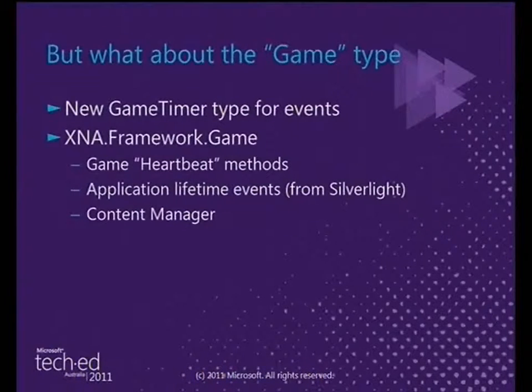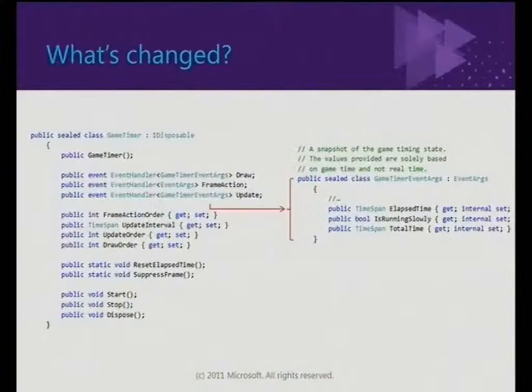But what about the game type? You've got the game type in the event args, a heartbeat, and our application lifetime object, which is just a service basically, and the content manager, which houses a lot of content. So what's really changed? Not much, apart from the fact that we've now got an event-based model for on update and on draw. One thing to note is if you're drawing a lot of information in XNA and you think your application is running slowly, you've got a bool here to say is running slowly.